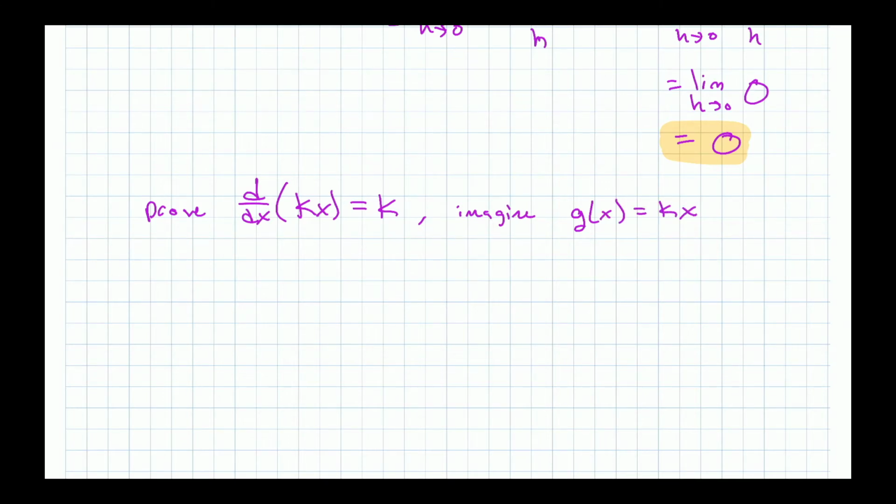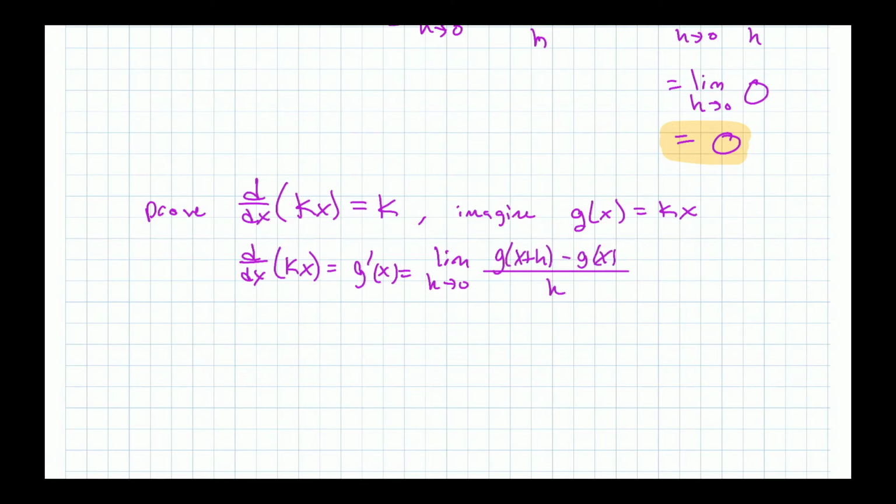All right, so the derivative of kx in this case is g prime of x, which is the limit as h goes to 0, not x, h goes to 0, of g of x plus h minus g of x over h.